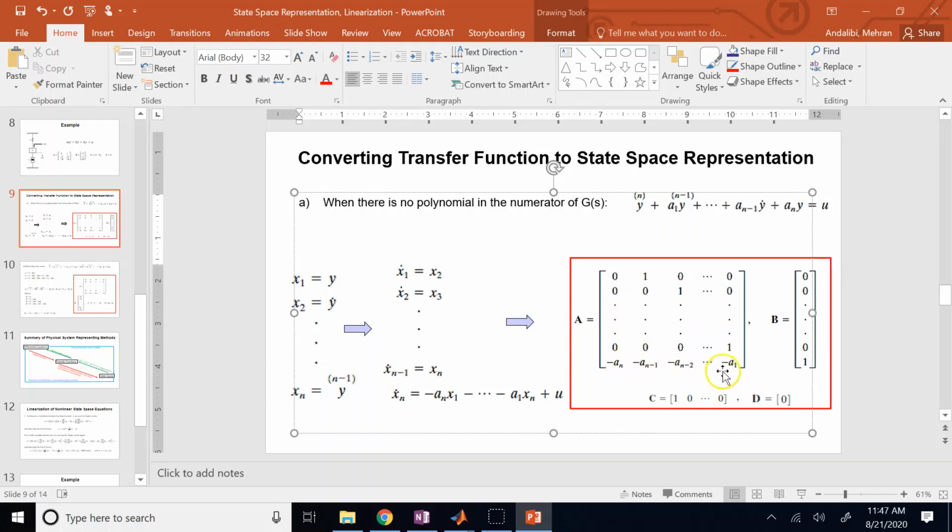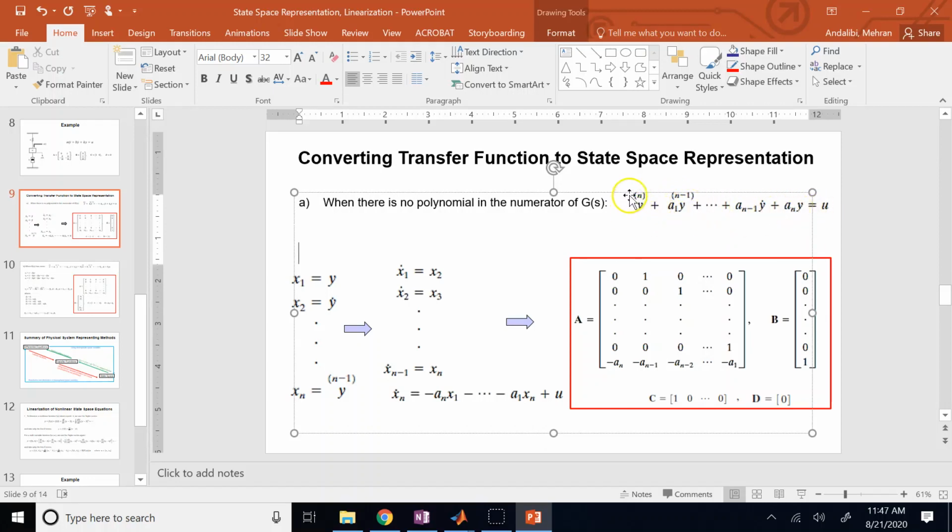And then the last row are the coefficients of the denominator with a negative sign, starting from the constant term all the way to the last but 1. So you go backwards and you all negate them.